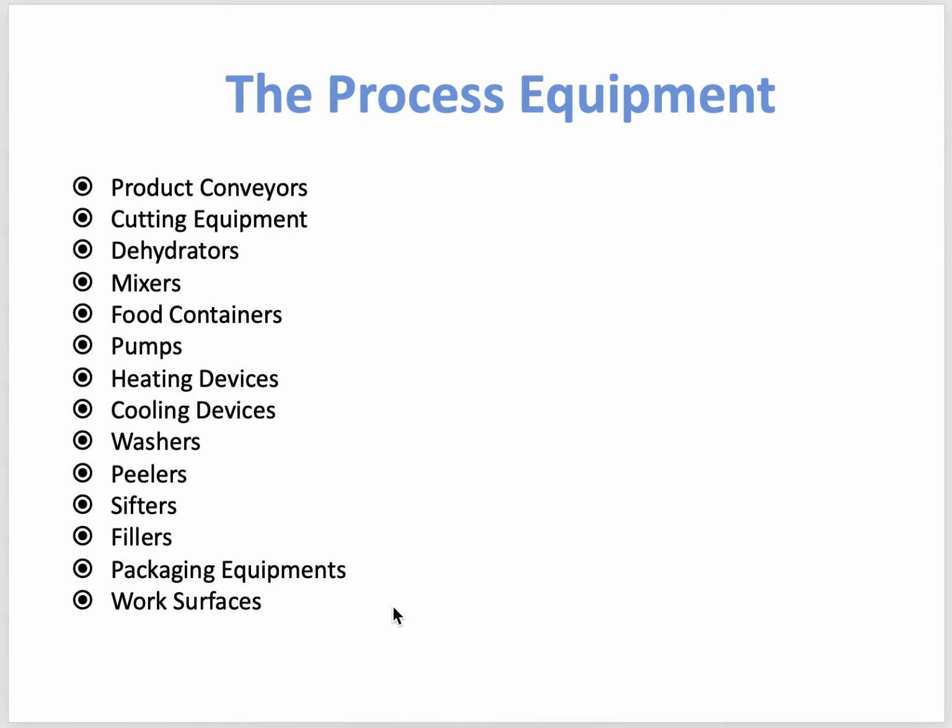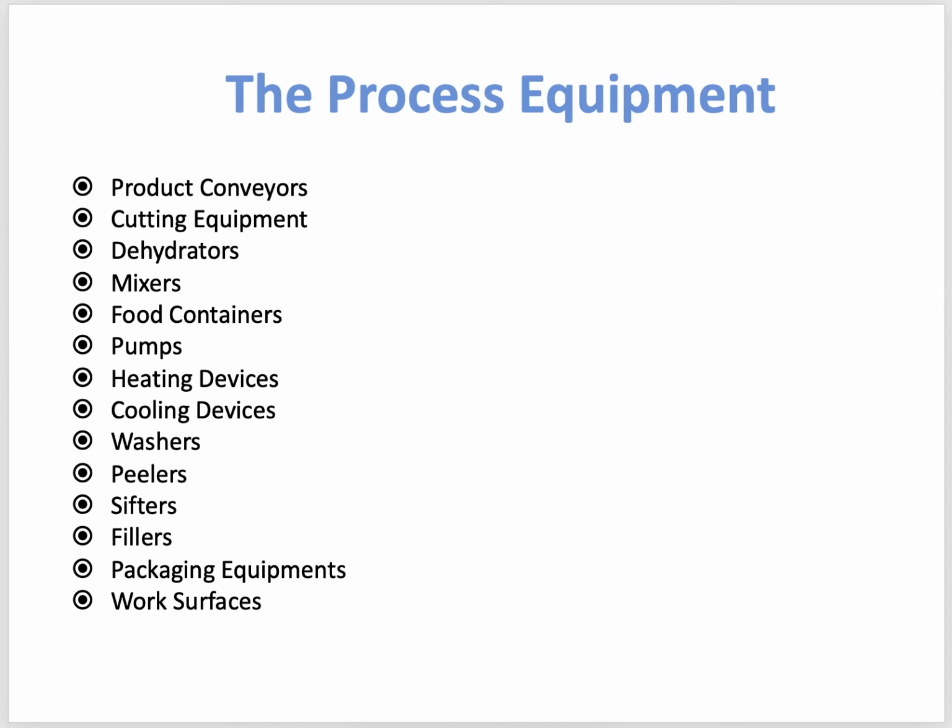The way by which you will sanitize the machinery will vary depending on the machines, and different machines pose different kinds of threats for contamination if they are not cleaned properly. Anyway, now let's try to get some more idea about this equipment.